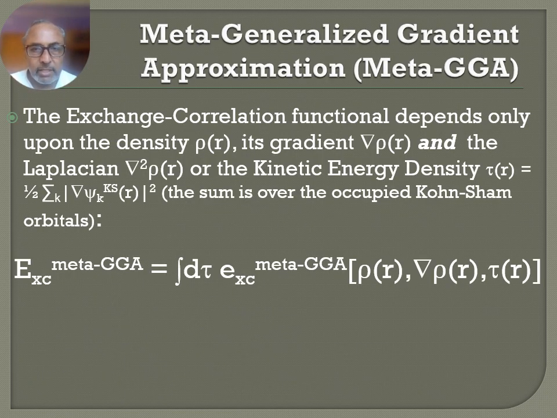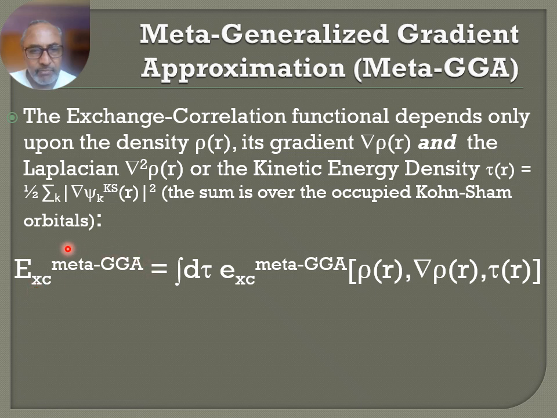The next rung in Jacob's ladder is occupied by the meta-GGA functionals, where the exchange correlation energy functional depends upon the density rho of r, its gradient del rho of r, and the second derivative or Laplacian of the density del square rho of r, or equivalently on the kinetic energy.